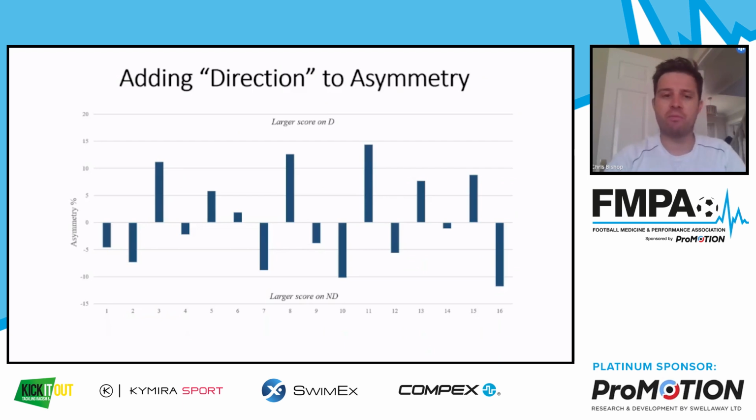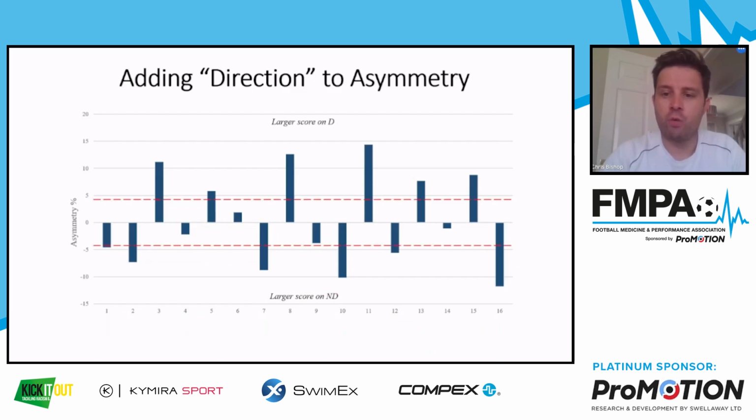They're the same scores, remember, but now we've just got limb dominance applied to the graph. We map on our 4% coefficient of variation, and you get the same results, obviously, as the previous slide, but with greater context about who's producing more force on their dominant limb and who's producing more force on their non-dominant limb.